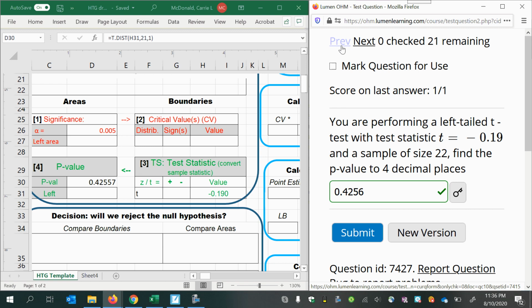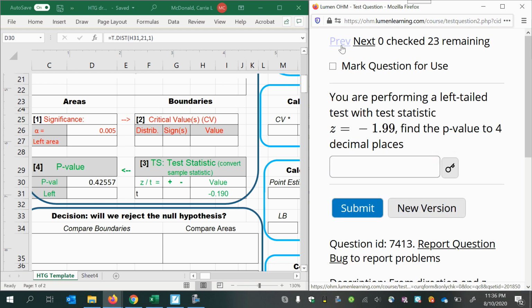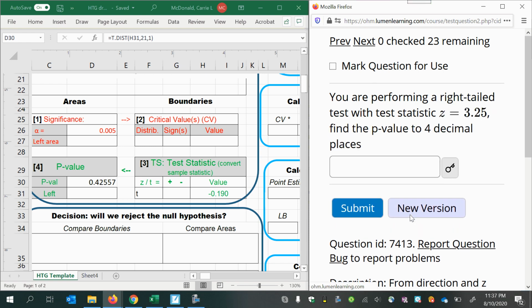Okay, and I'd still like us to do another example. Let's do another z-score one. We haven't seen a two-tailed test yet, so let's find one of those. We've done right, we've done left, we've done t, we've done z. Now let's do a two-tailed test, and that could be for z or t.